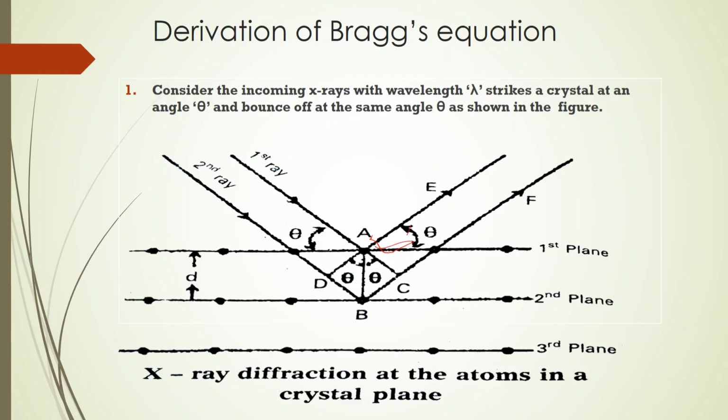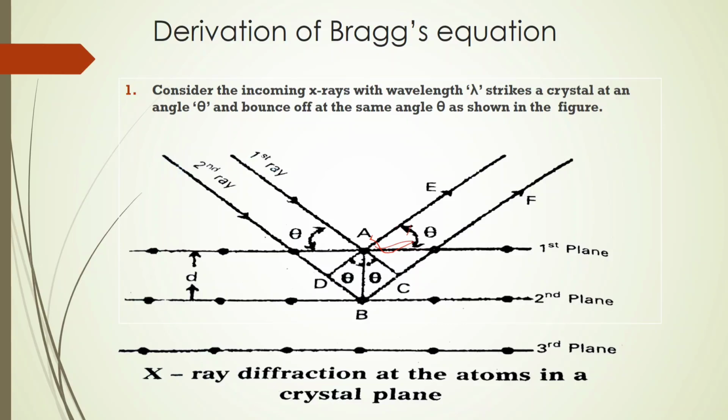So if you observe, both the first ray and second ray have a path difference. The second ray traveled more distance than the first ray. The path difference between the first ray and second ray is equal to DB plus BC.